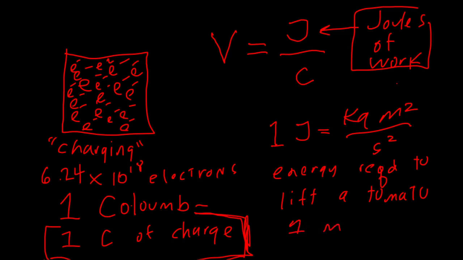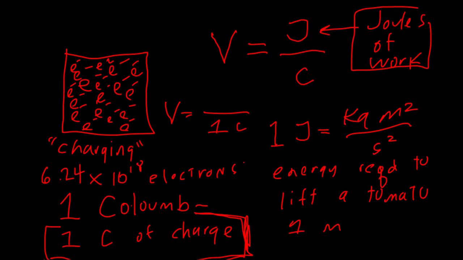Cool. So let's think about this for a second then. Suppose you've created a surface with 1 coulomb of charge, right? Like a balloon. A balloon probably can't hold that much, but you've created a surface with 1 coulomb of charge, right?